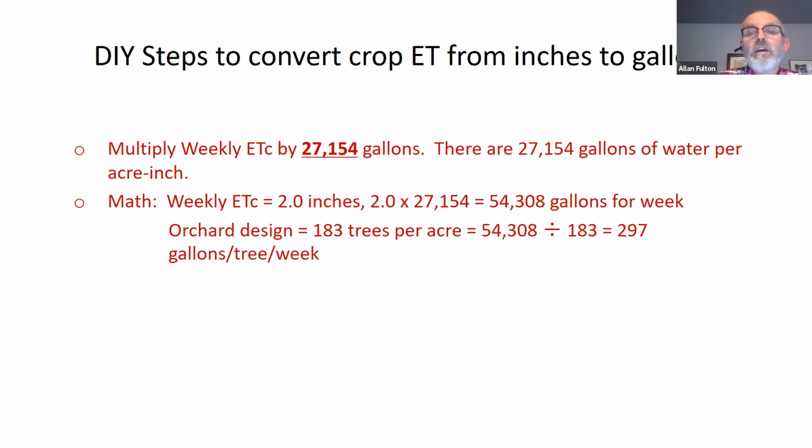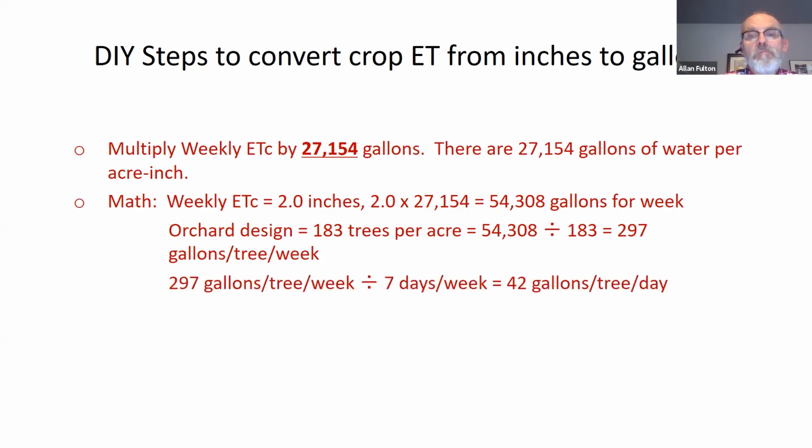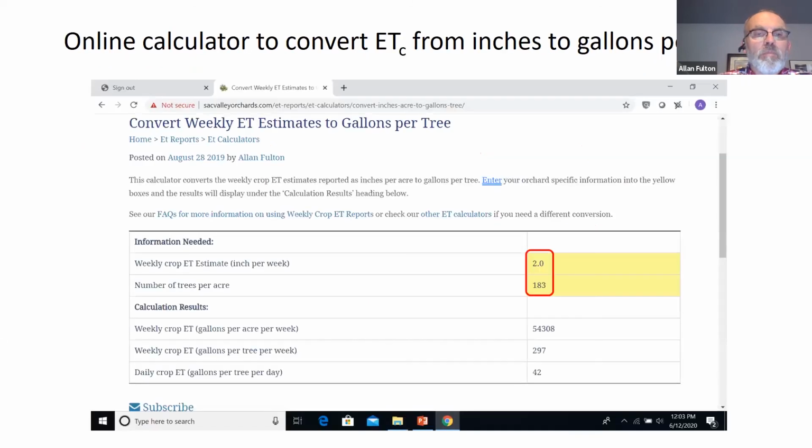Again, that may sound like a surprisingly high number, but it's real, especially in the heat of the summer. We take this 297 gallons of water use per tree per week, divide it by 7 days in a week, and that works out to be about 42 gallons of water use per tree per day.